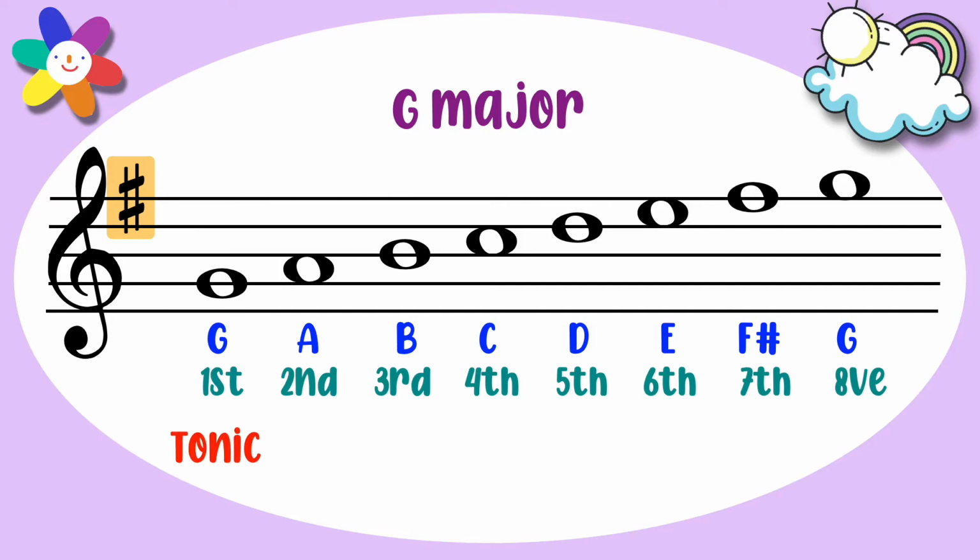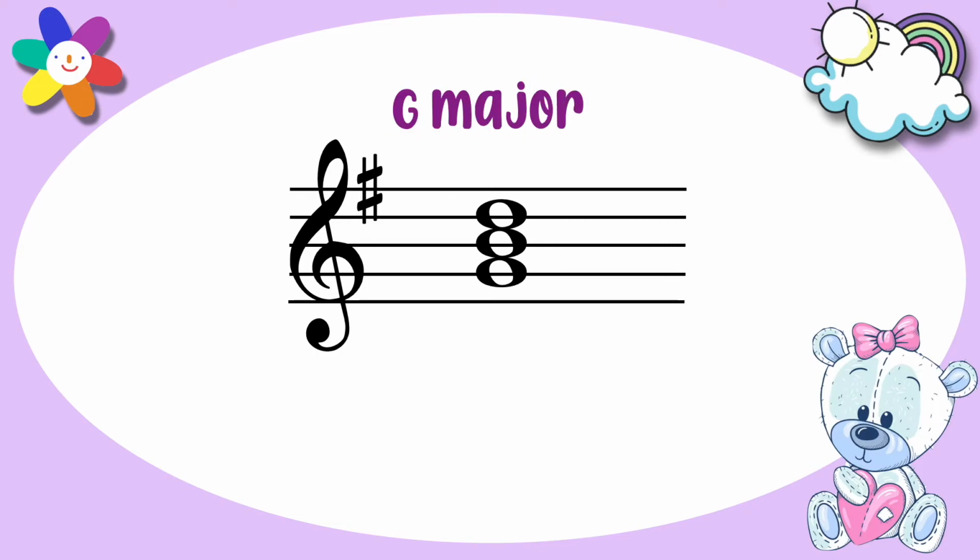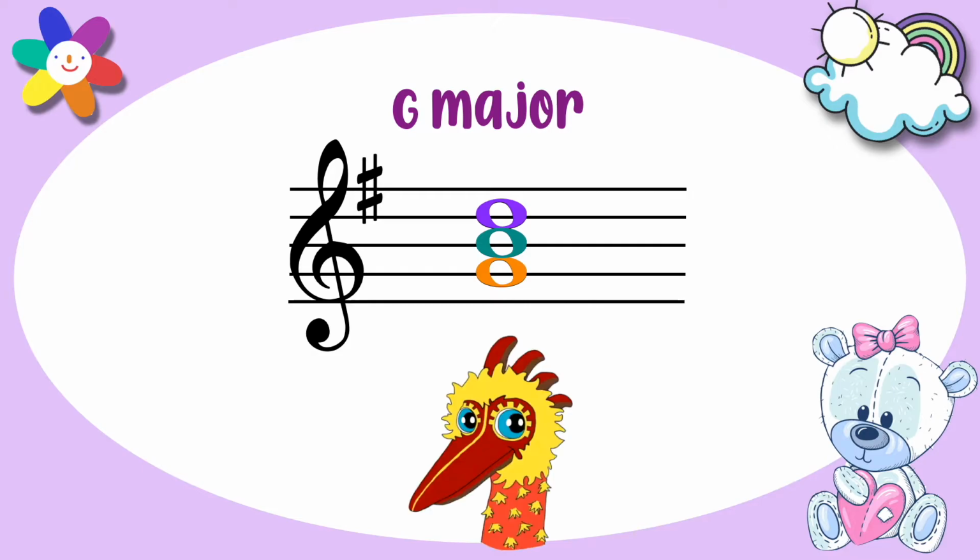G is the first note and G is your tonic. The third degree above the tonic is B, and the fifth degree above the tonic is D. Here you have your G major tonic triad. G, B, D for G major.